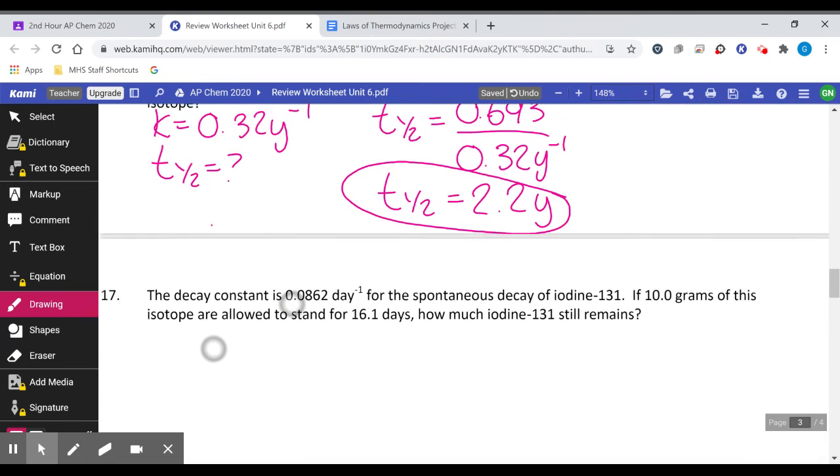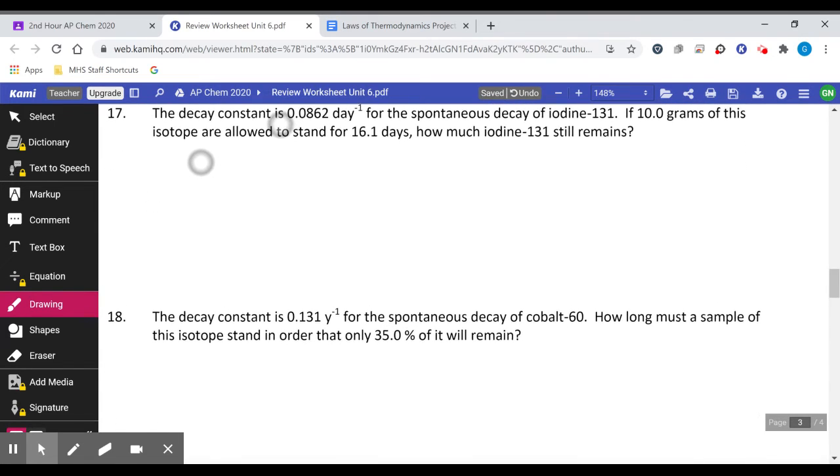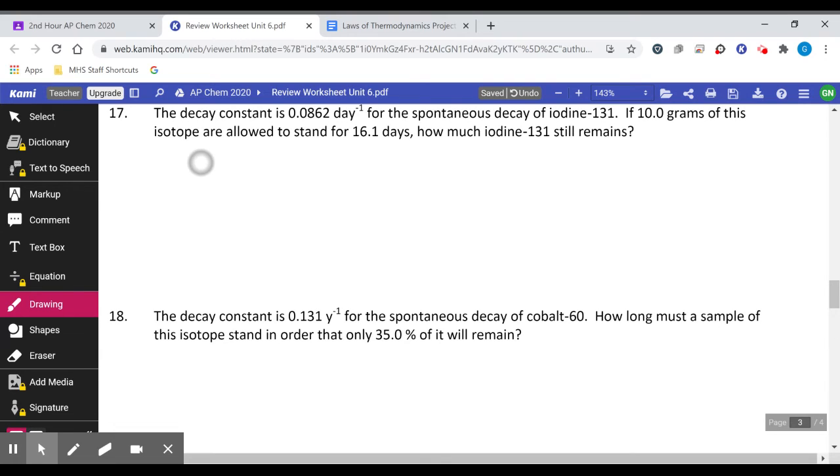On number 17, the decay constant is 0.0862 days to the negative 1 for the spontaneous decay of iodine-131. If 10 grams of this isotope are allowed to stand for 16.1 days, how much iodine-131 still remains? They give us a k constant, so I'll go ahead and write that down.